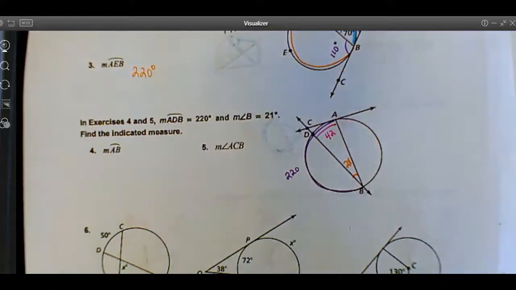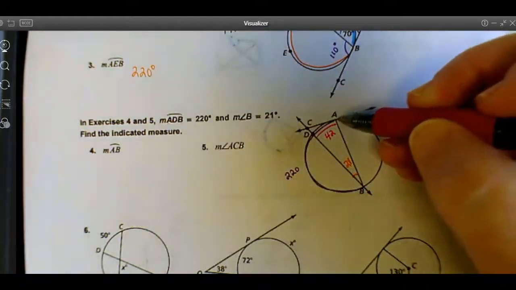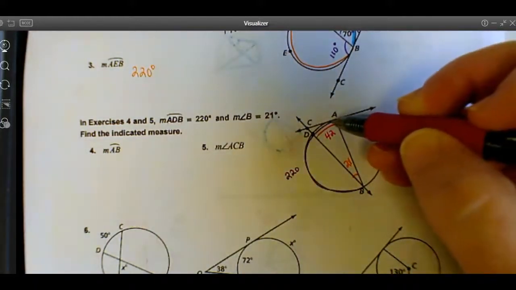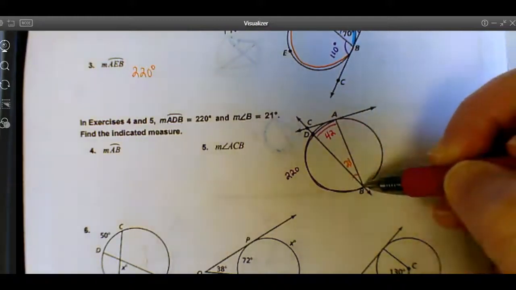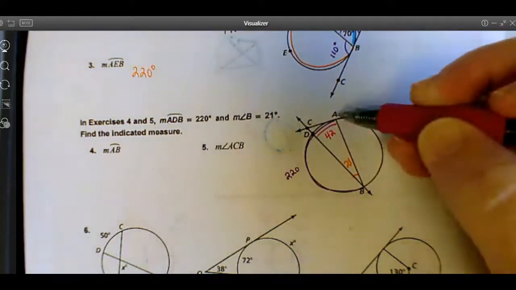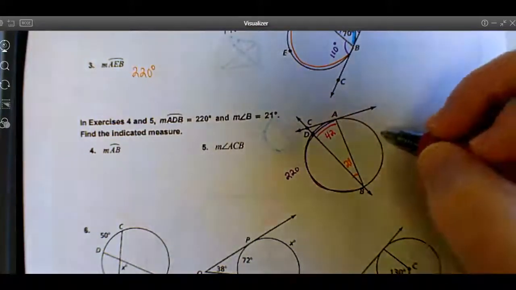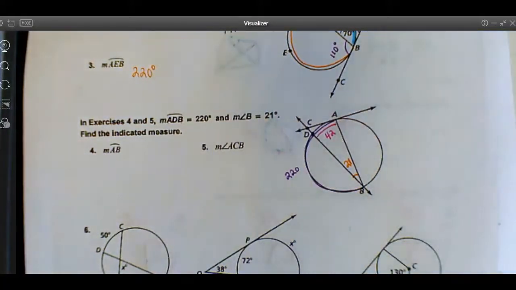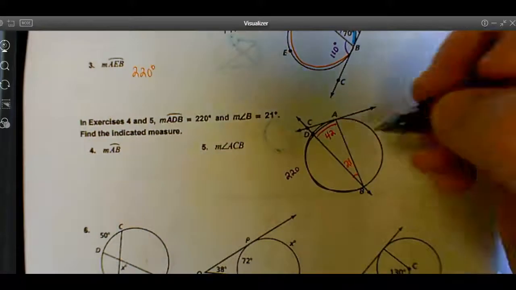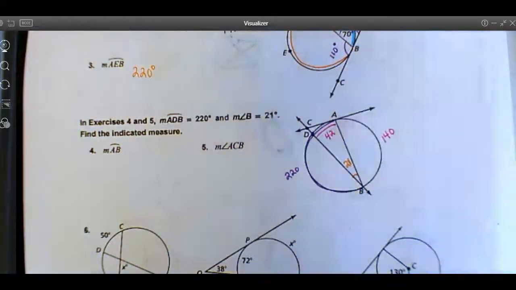Okay. Now, if I wanted to find AB, and I know that 220 goes from A all the way to B on this side, I can do 360 minus 220 to get the AB part. So I know that this over here is 140.